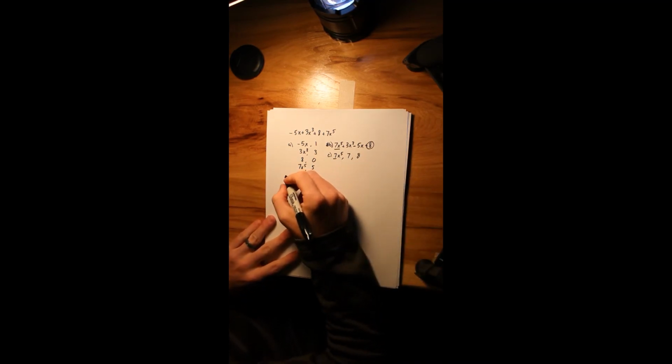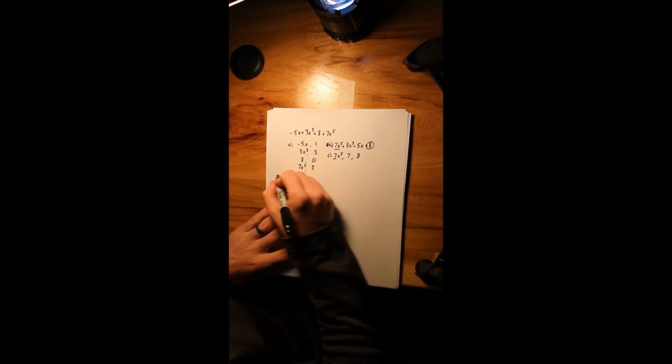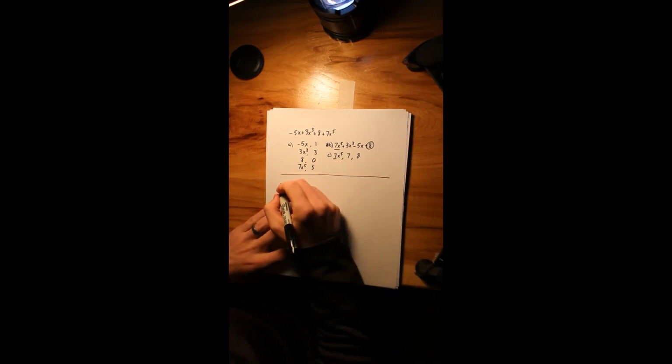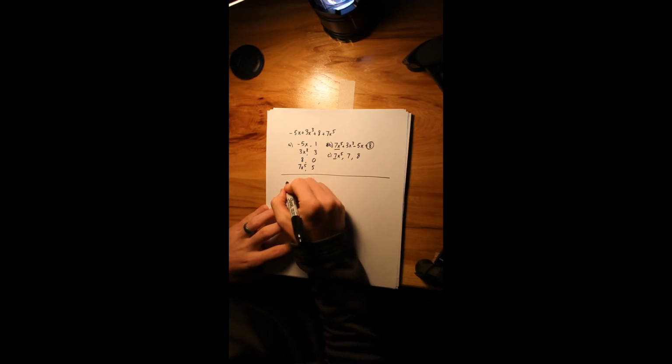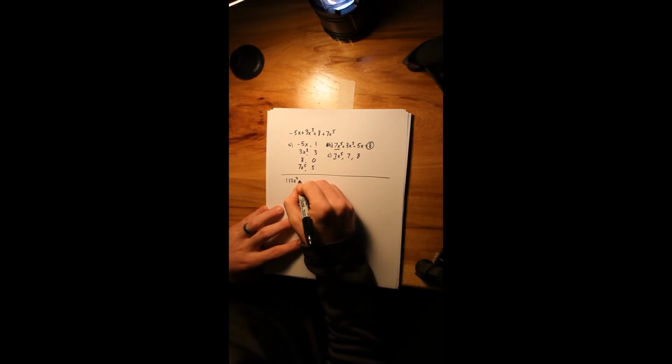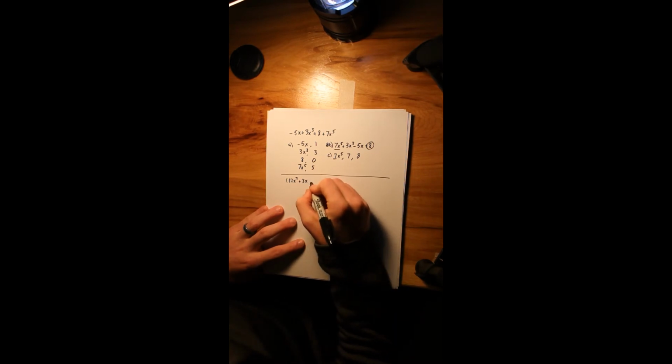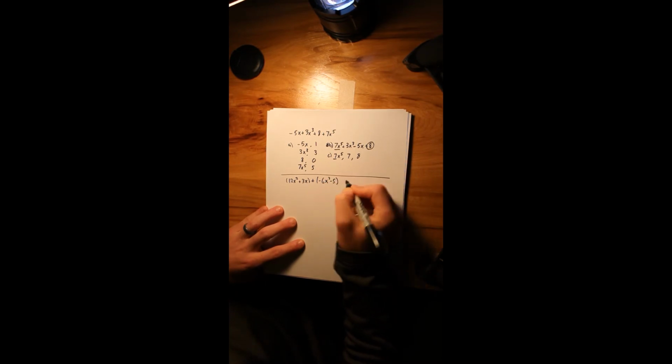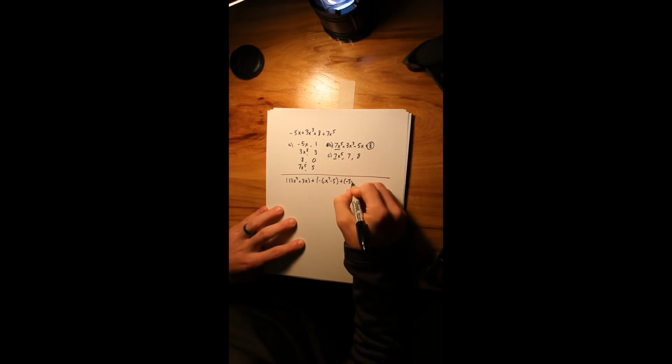Now, the next piece is adding and subtracting polynomials. And so we have 12x squared plus 3x, plus negative 6x squared minus 5, plus negative 3x squared plus 4.